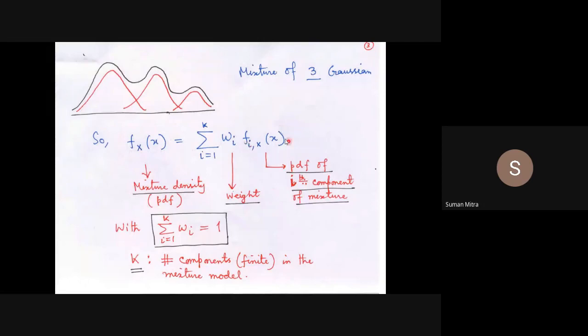Again, this is the PDF of the finite mixture model, this is the PDF of the ith component of the mixture model, and this is the weight corresponding to the ith component of the mixture model, and i varies from 1 to k. So this is called a k-component finite mixture model.